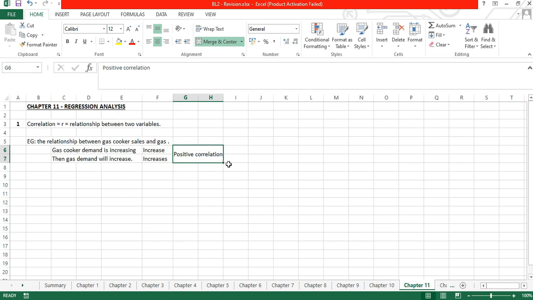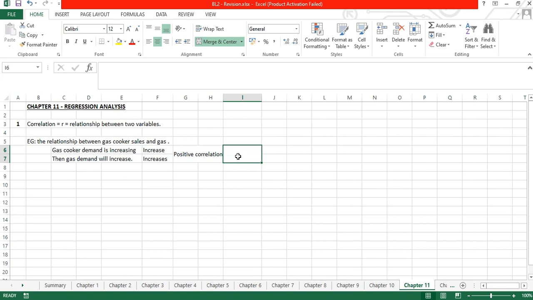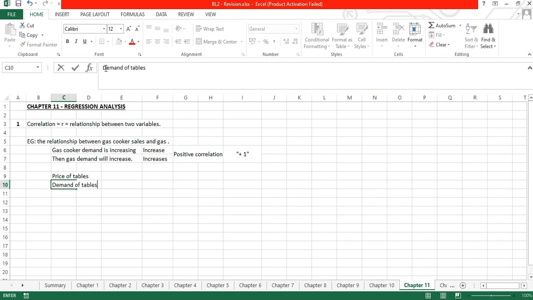And how is positive correlation symbolized? It will have a maximum of plus 1. Let's take the price of tables and the demand for tables. Now, if the price of tables increases, will the demand for tables increase or decrease?